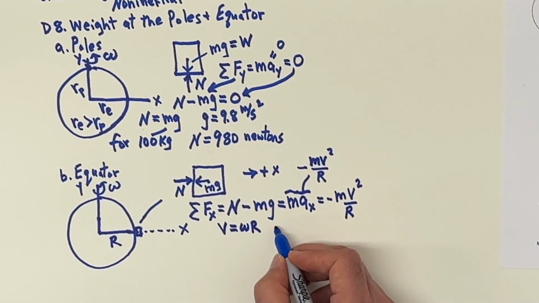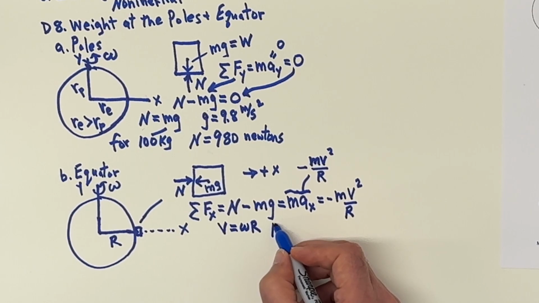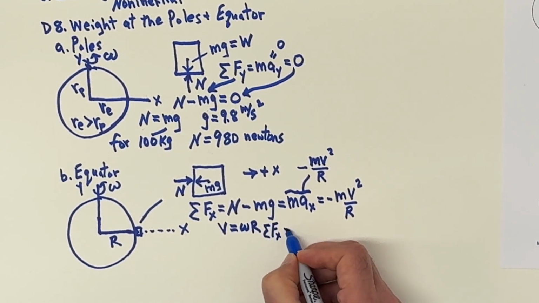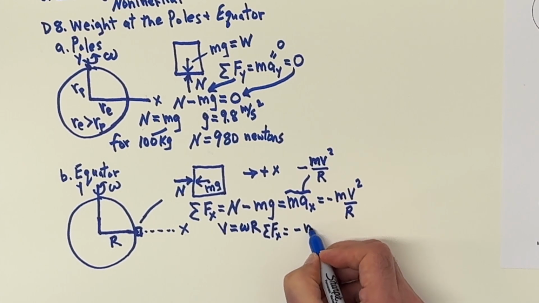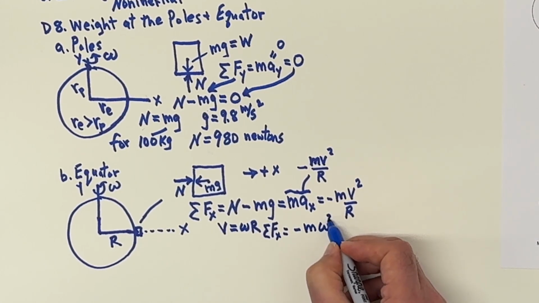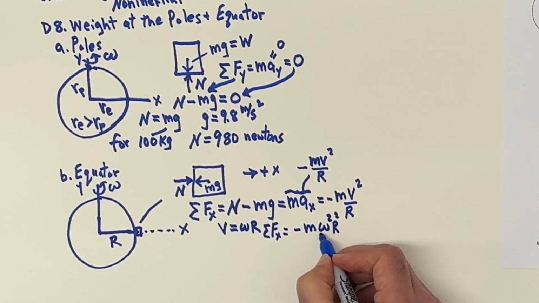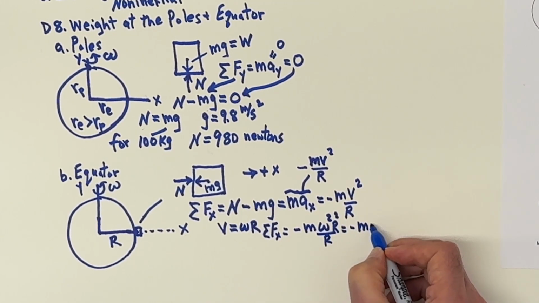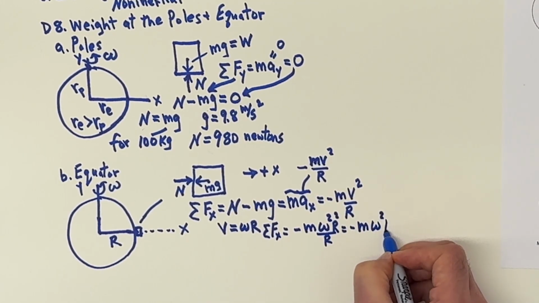Well, let's go ahead and do it again. So the sum of the forces in the x direction is going to be minus m omega squared r squared over r, and that's going to be minus m omega squared r.